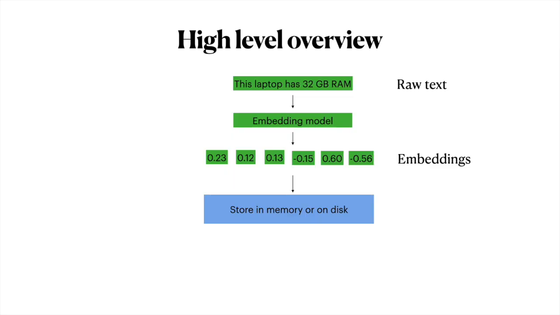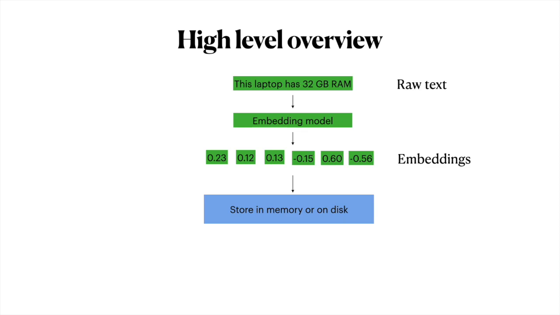Now this data will be stored on disk or in memory. This process is hidden because it's an internal part of the vector database. So the user is not going to do all these things.